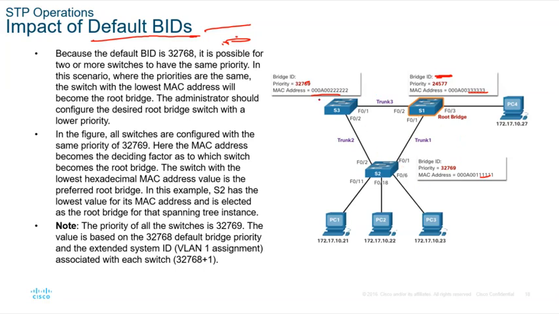When you look at all of them, this one is the one with the least MAC address, and then it becomes the root bridge. But this is the same as the previous one, so it doesn't make sense.